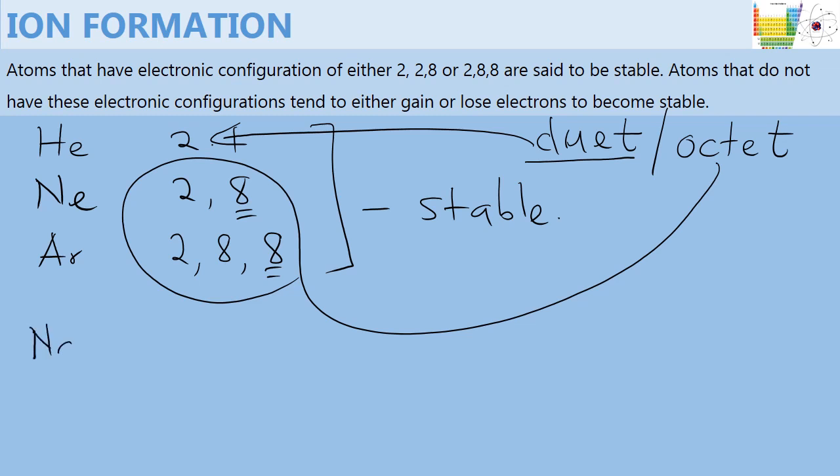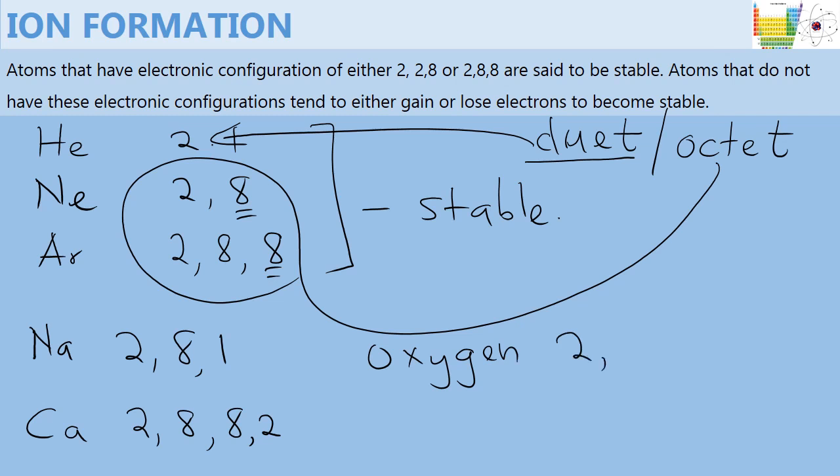Elements such as sodium, which has electron configuration of 2, 8, 1, calcium, which has configuration 2, 8, 8, 2, oxygen with configuration 2, 6, then we also have a simple one like lithium, which has a configuration of 2, 1, are not stable because they do not have either of these 3 stable configurations.